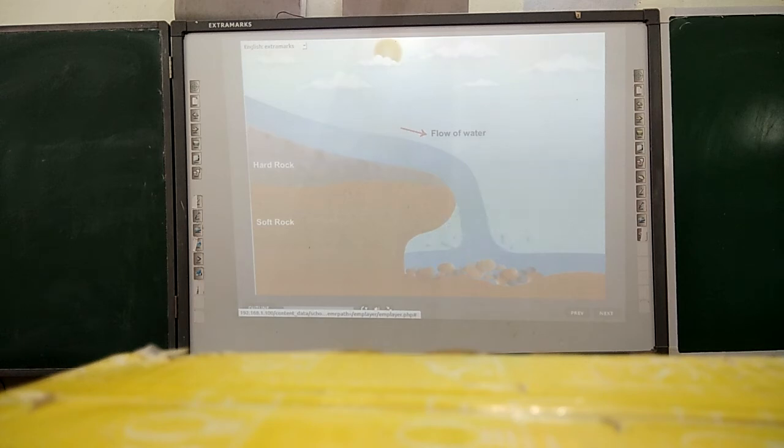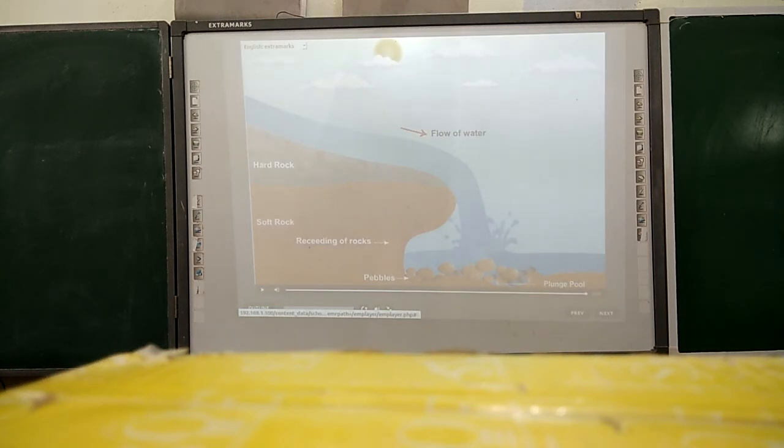At the bottom of the waterfall, a plunge pool is created. Some of the water splashes onto the cliff and makes a large hollow plunge pool by a process called undercutting. See how nice it is.